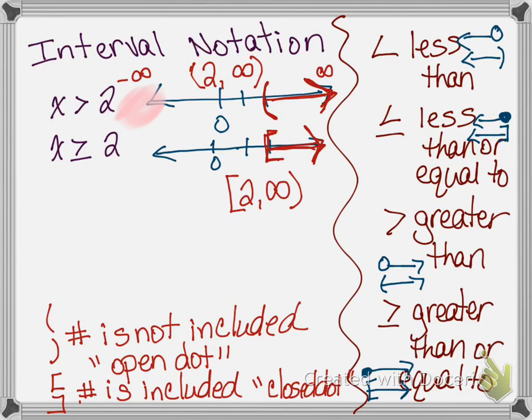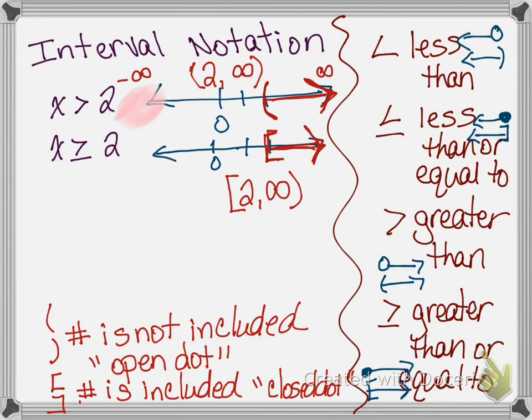So on the top one, 2 is not a solution. If I tell you to pick a number greater than 2, can you pick 2? No. If I say pick a number greater than or equal to 2, can you pick 2? Yes. That's the difference between the parentheses and the bracket.